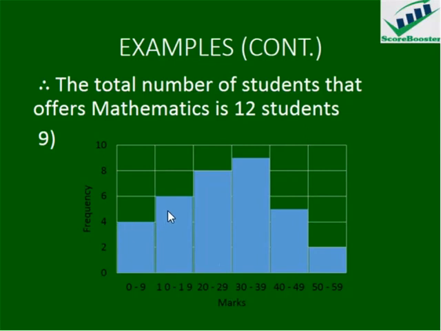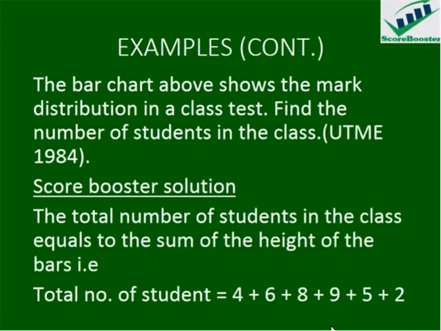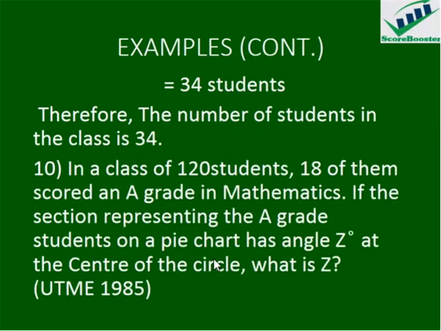So we add this together. 4 plus 6 is 10. 10 plus 8 is 18. 18 plus 9 is 27. 27 plus 5 is 32. 32 plus 2 will give 34. So the total number of students in the class test is 34.